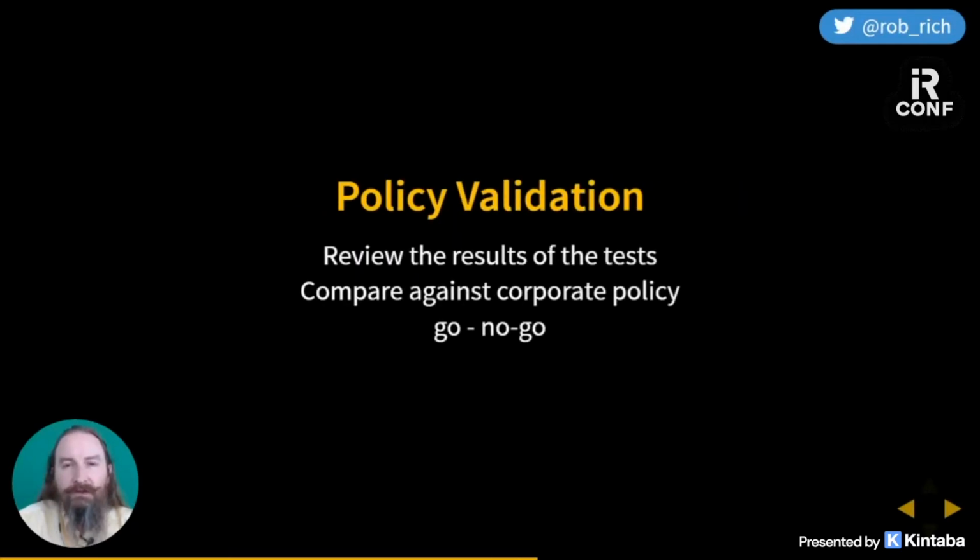Next up, policy validation. Now we take the results of all of these tests and we decide if we can deploy the software. Now, one of the things that's really easy to do is to be very harsh here, to say, if there are any failing unit tests or any license validation failures or any static analysis failures, we're just not going to deploy. Well, what if we have an attack vector, but we don't yet have a remedy?